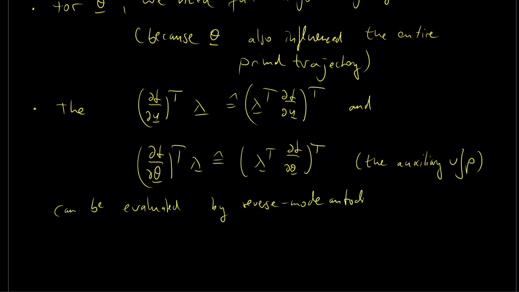Okay, we already said that, but this left out one really important aspect, that if your function is highly nonlinear in u and theta, the vector Jacobian product or Jacobian transpose vector product will still be a function of u and theta. So in order to evaluate that, we need values from the primal trajectory.